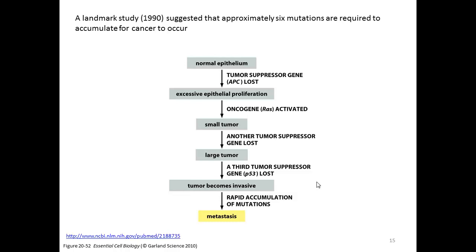And this was a landmark paper for a number of reasons, but also leading to the idea that once one mutation occurs, cells divide a little more quickly so that the cells with the mutation get overrepresented, then another mutation occurs, and then now you have a clonal expansion where cells with those particular mutations are dividing much faster than normal cells, and eventually you'll have runaway accumulation of mutations leading to metastatic cancers.